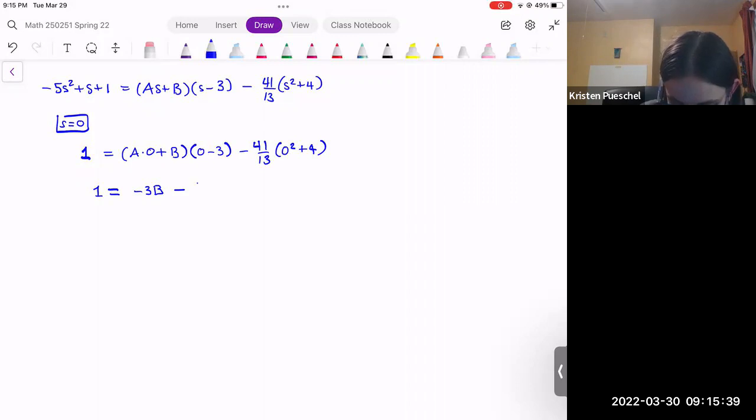So 1 equals -3b minus 164 over 13. Okay, we're going to add 164 over 13 to the other side. And that's equal to -3b.